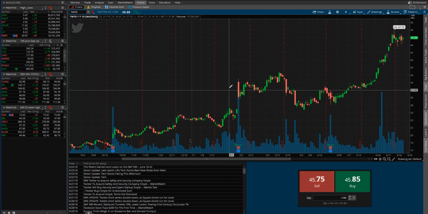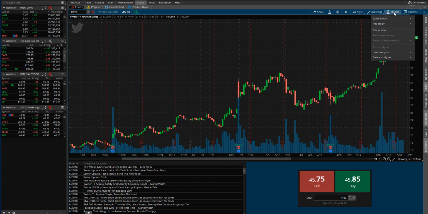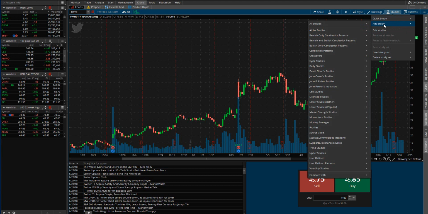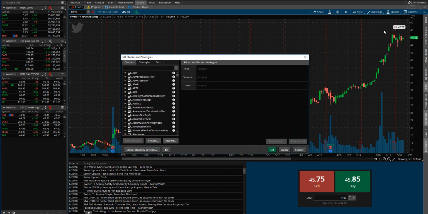So to start off with, I have my chart open, I have Twitter up, and this is the 1 day, 1 year chart. So you come up here to studies, edit studies, and then type in MACD.